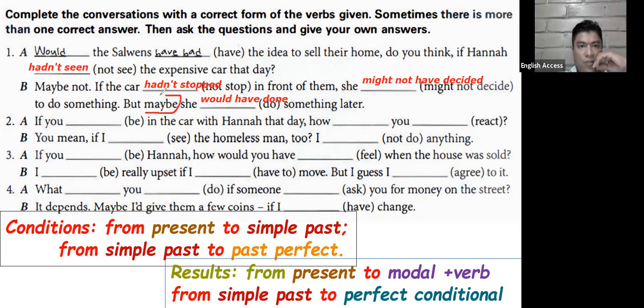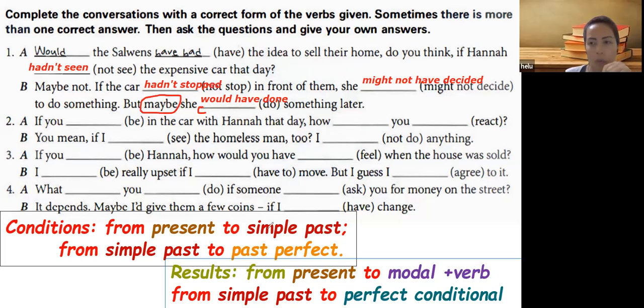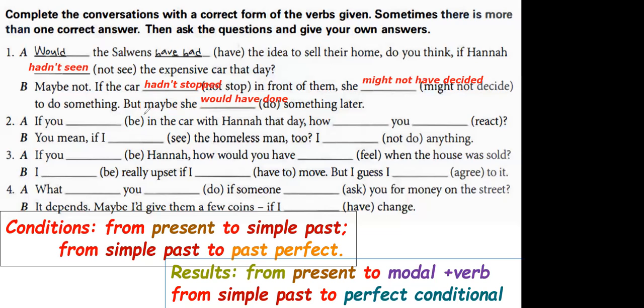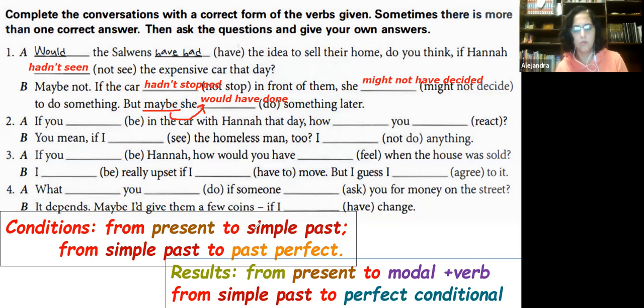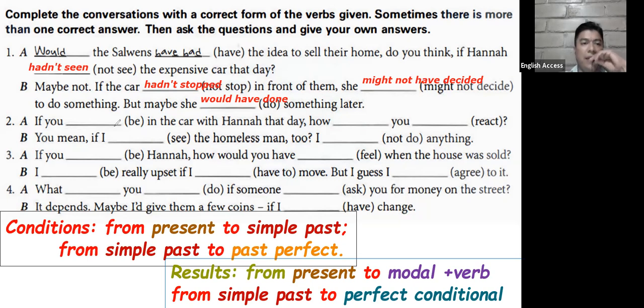So when you use maybe, can we use could? No, because could is possibility. So with maybe, we use would. Yes, it's a probability.